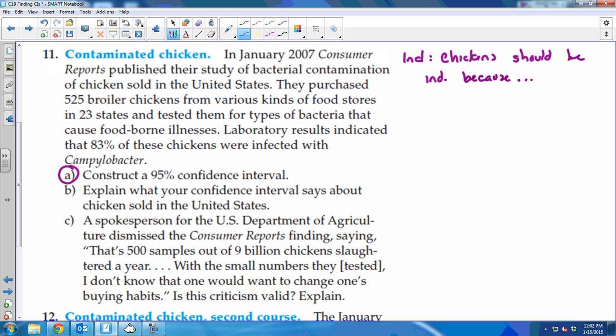Because you check the randomization condition. Are these random? Why? Yes. They're random because they come from various stores and states. So that should make it a good representation, right?